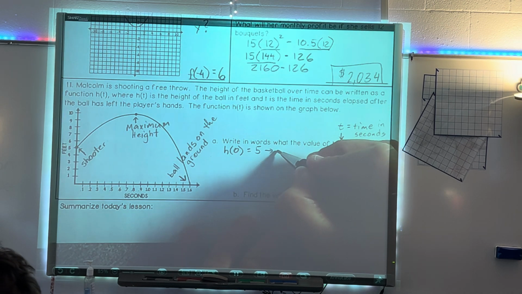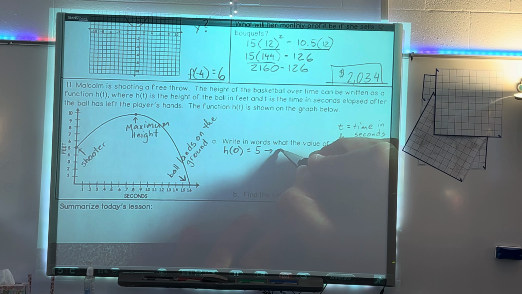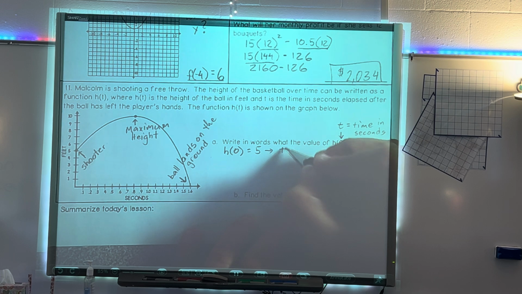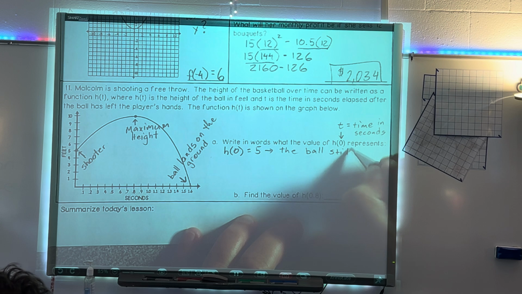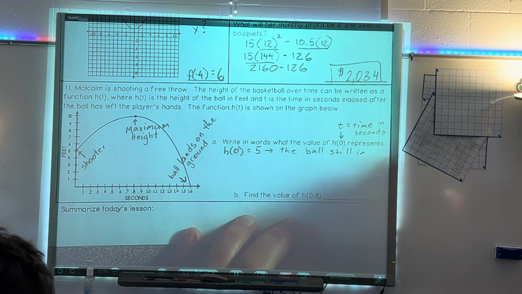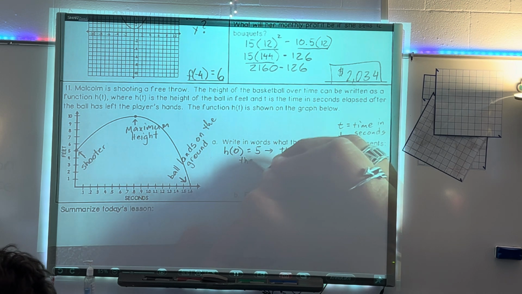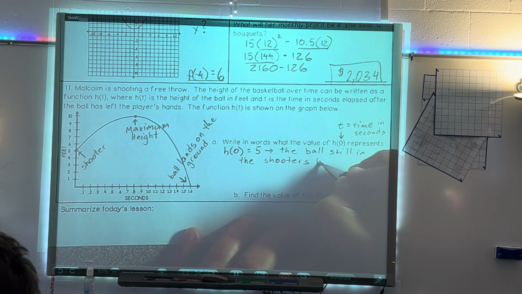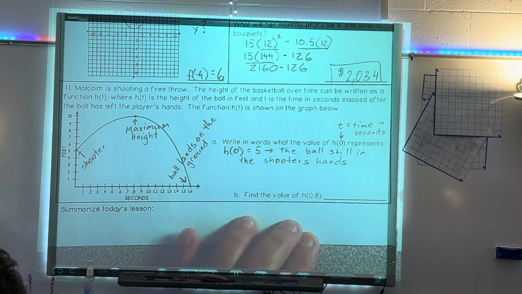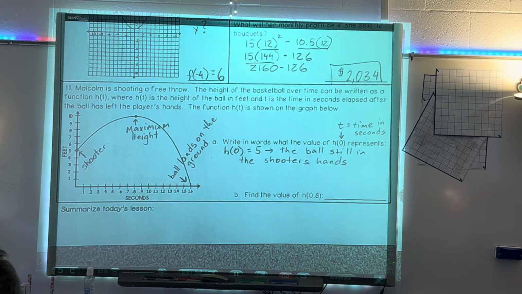The ball hasn't left his hands. Okay, we're gonna say that. The ball is still in the shooter's hands. You can write that however you want to. Does that make sense to everybody?